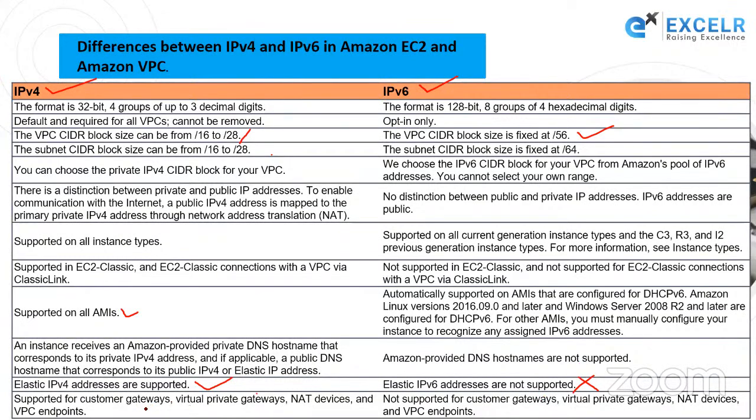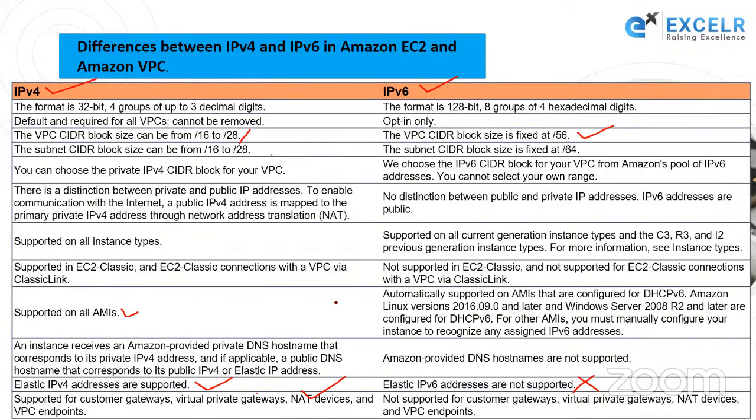For example, a NAT gateway and a NAT instance are supported in IPv4, but in case of IPv6, we have to use something called an egress-only internet gateway. We have to remember that.